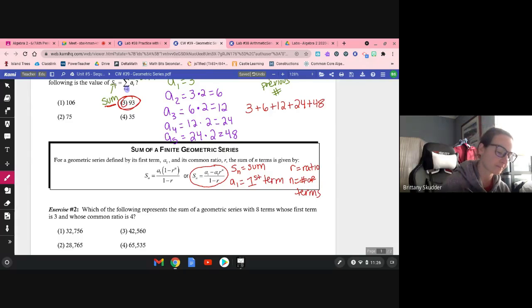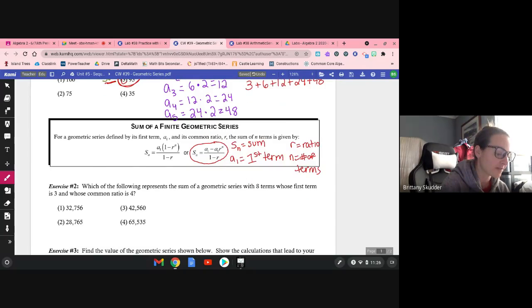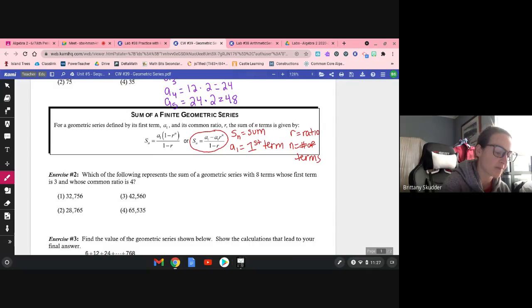Okay. So let's see what exercise 2 gives us. Which of the following represents the sum of a geometric series with 8 terms whose first term is 3 and whose common ratio is 4? All right, so I look at my formula here.